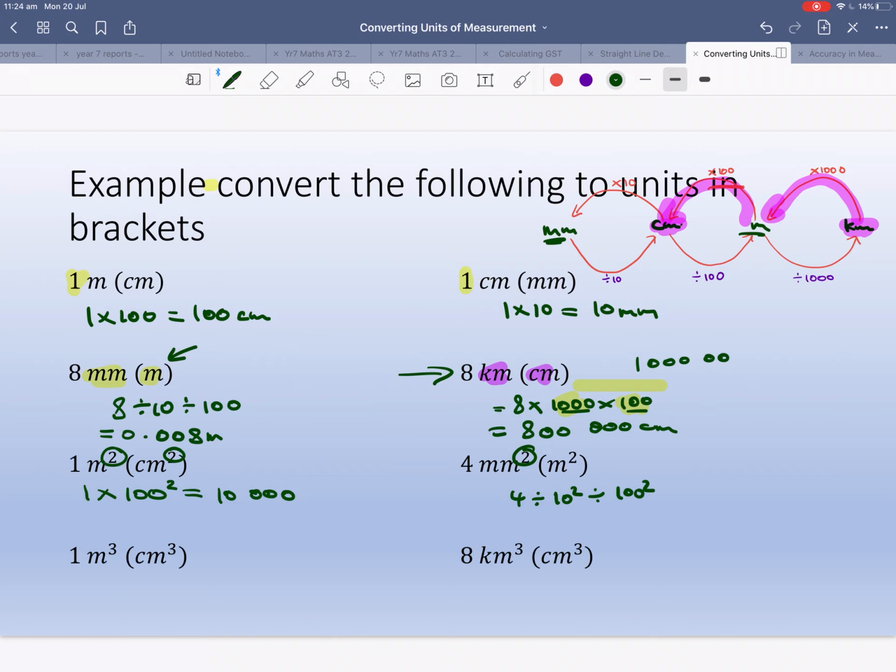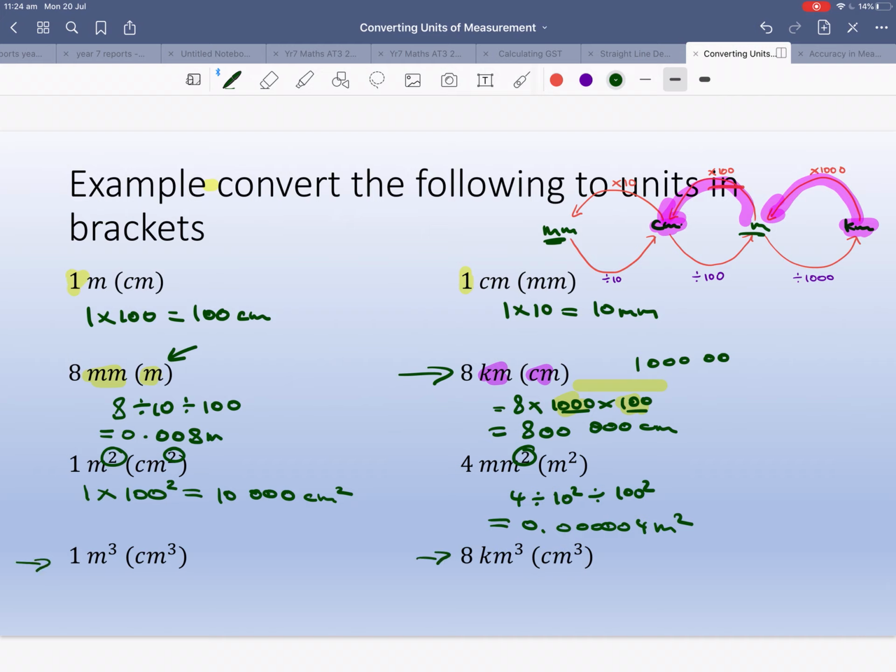So let's just do this in a calculator. 4 divided by 10 squared, divided by 100 squared. And we get some really, really small number. Oh, I forgot to do this. This meters squared is our new unit.